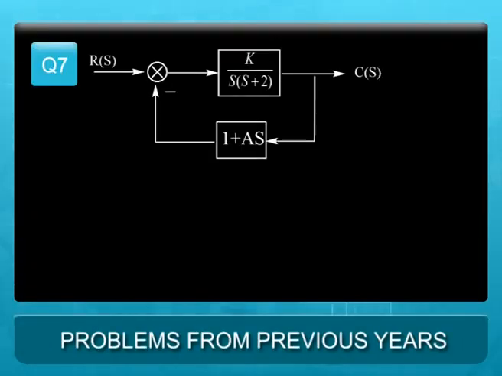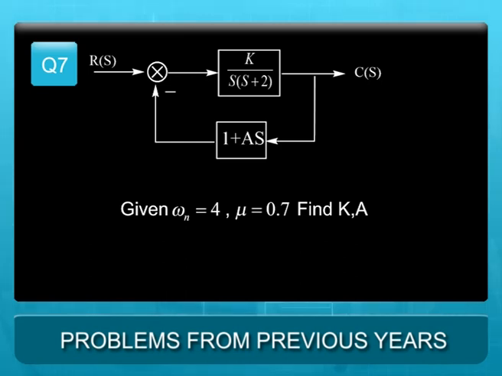For the system shown in the figure of the 7th problem, omega n is given as 4 radians per second and damping ratio zeta is given as 0.7. Then find the values of k, the steady state gain, and constant a in the feedback path.